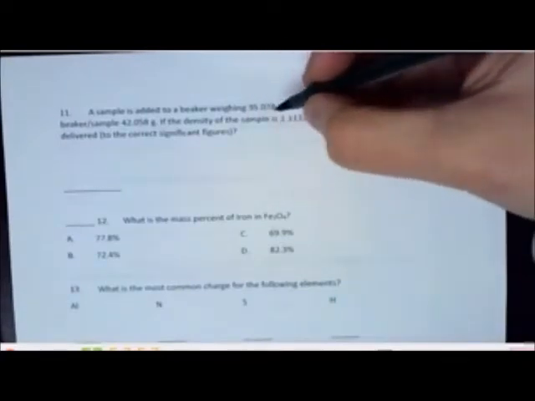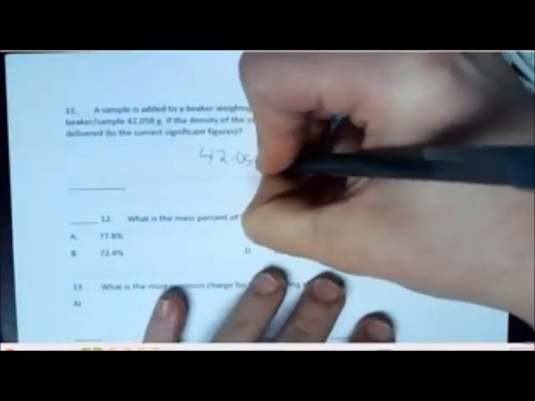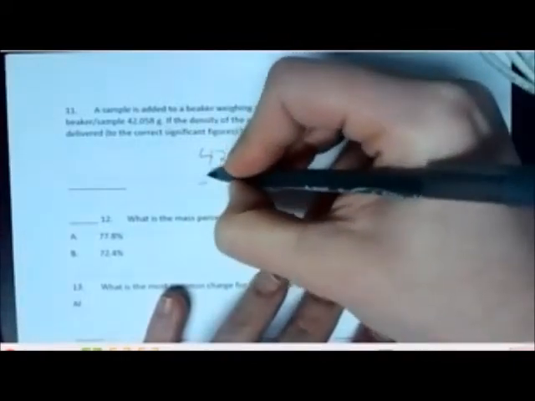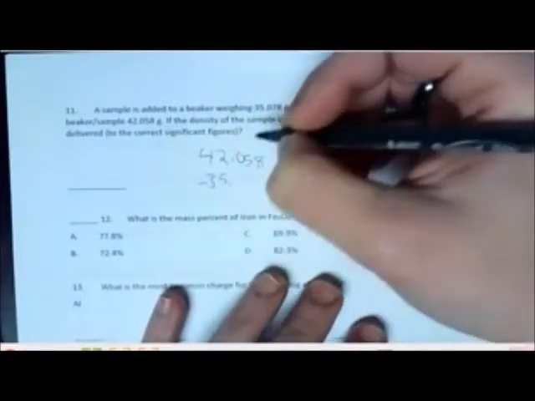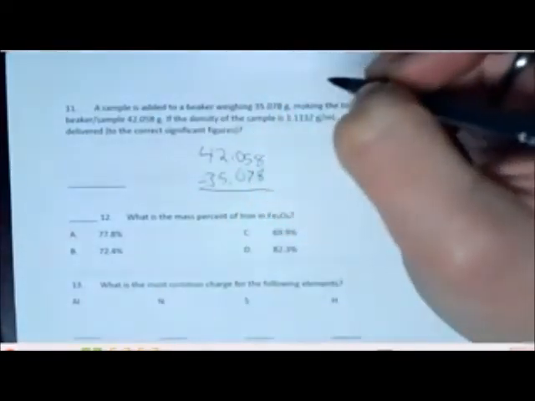A sample is added to a beaker weighing 35.078, making the total mass of 42.058. If the density is this, what is the volume delivered? So 42.058 minus 35.078 gives how much mass was delivered.